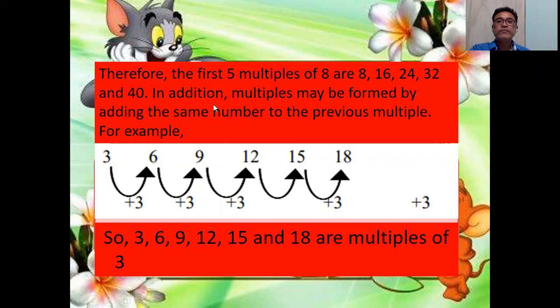In addition, multiples may be formed by adding the same number to the previous multiple. For example, 3 plus 3 equals 6, 6 plus 3 equals 9, 9 plus 3 equals 12, 12 plus 3 equals 15, and 15 plus 3 equals 18. So 3, 6, 9, 12, 15, and 18 are multiples of 3.